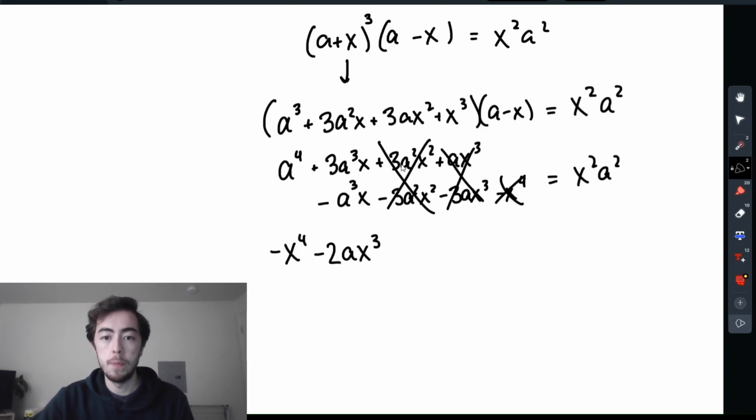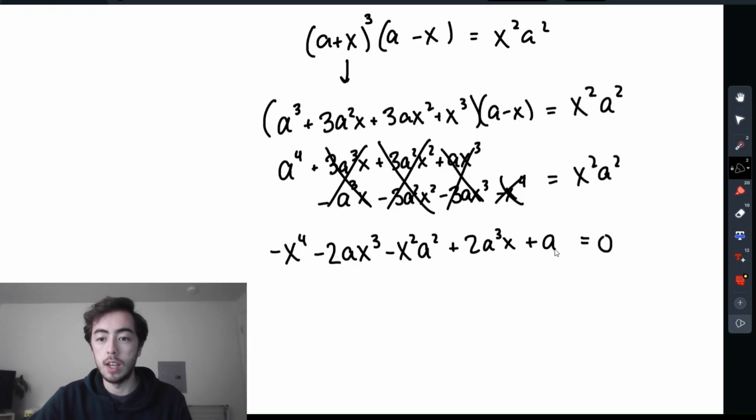Use those up. This one canceled. Although maybe I could subtract this x squared a squared over to this side. And I'm going to do that anyway if my goal is to get this polynomial in standard form. This together would create a plus 2a cubed x. And then finally we get a plus a to the fourth at the end.